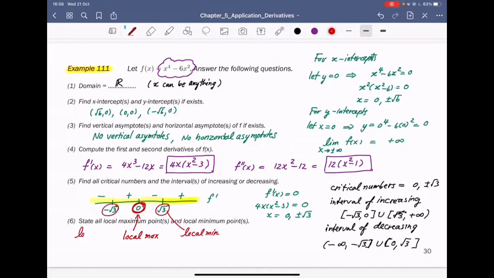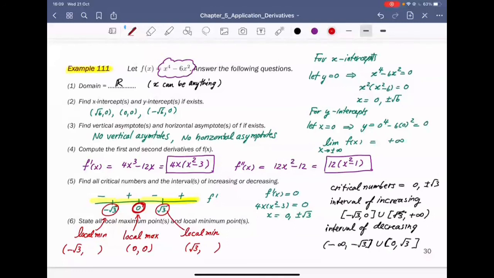I mean, the point that gives you local max, and the points that give you local min. So the local max is attained at x equal to 0, y equal to 0. The local min is attained at x equal to square root 3 and x equal to negative square root 3.